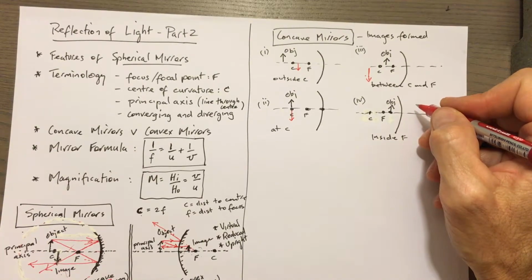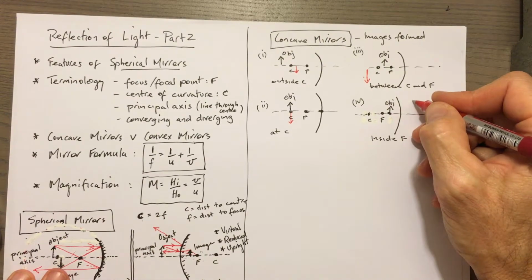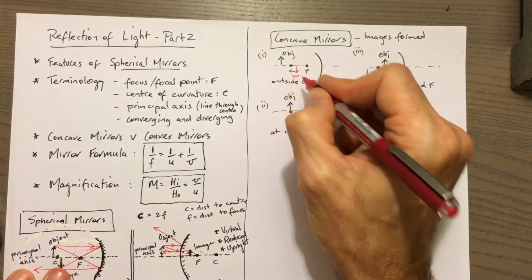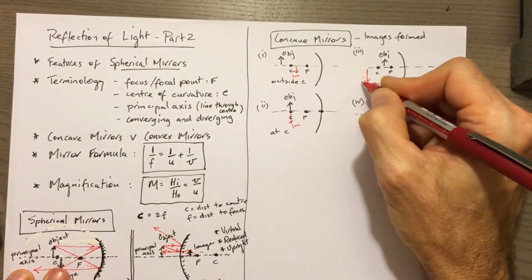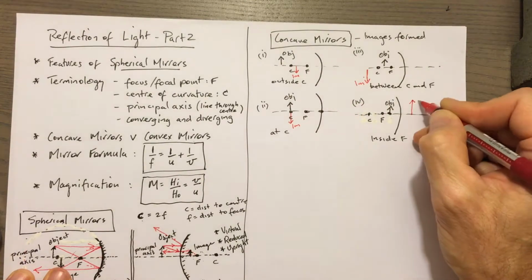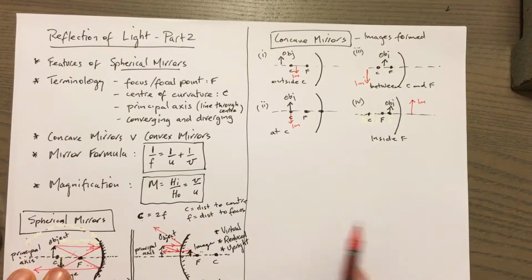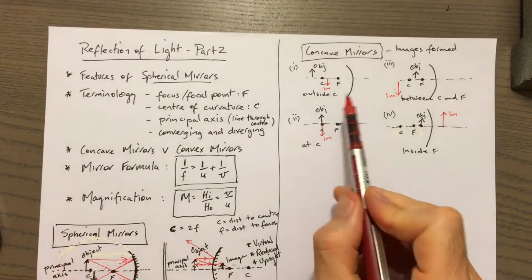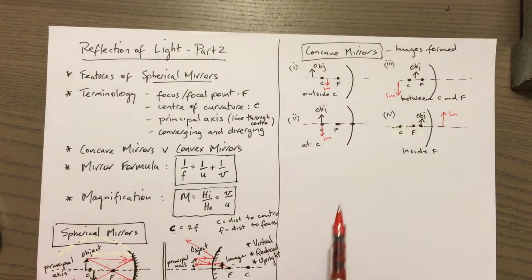Now this is a tricky one to go over, but here's the image here. So let me just write image, image, image, image. Now I won't do the ray diagrams. I could, but it'll look really messy. But if you do the ray diagrams as I outlined back down here, you'll be able to produce these images just like I've done here.